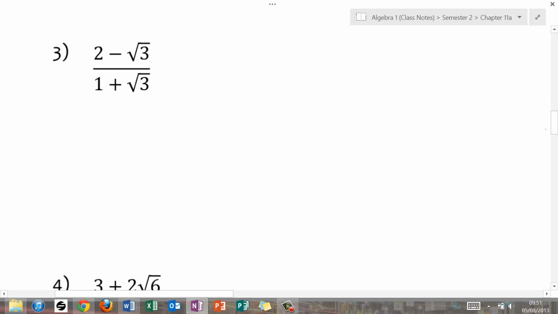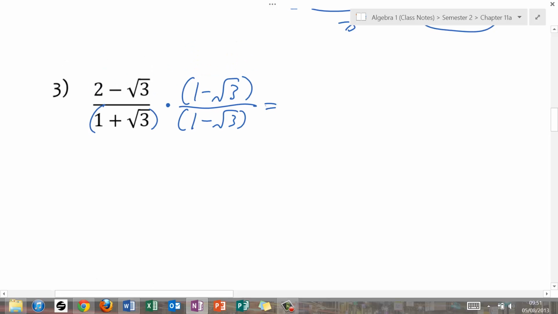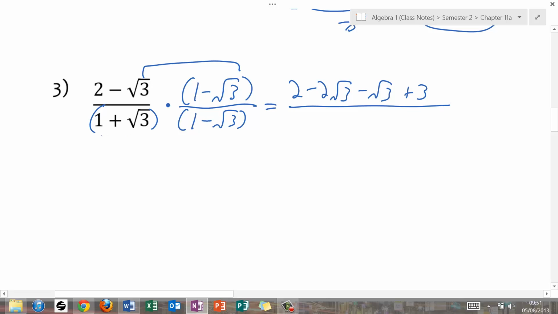For number 3, it's the denominator I want rationalized. So I'm going to multiply this by 1 minus root 3. The numerator is also going to be 1 minus root 3. Now in the numerator you're going to have to FOIL. First, 2, outer, minus 2 root 3, inner, minus root 3, and last would be plus 3, over, this is a difference of two squares, so 1 minus 3.